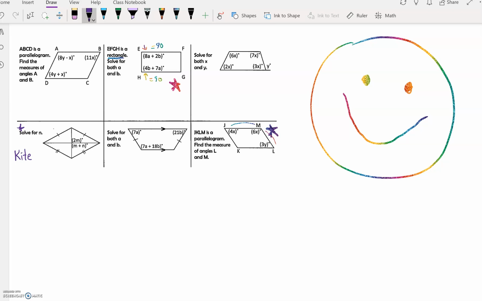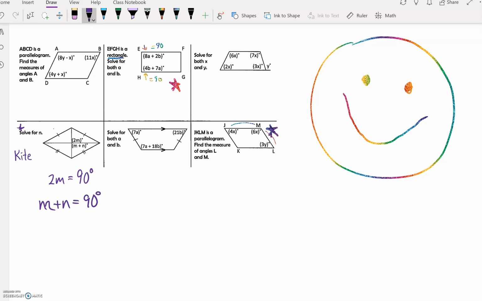And what happens with a kite are the diagonals meet at a 90-degree angle. So something we know is true for a kite is this diagonal, the value of 2m, that has to be equal to 90 degrees. And this is why it's a system, right? We know that 2 things are going to be true about it. And then also your value of m plus n has to be equal to 90 degrees.